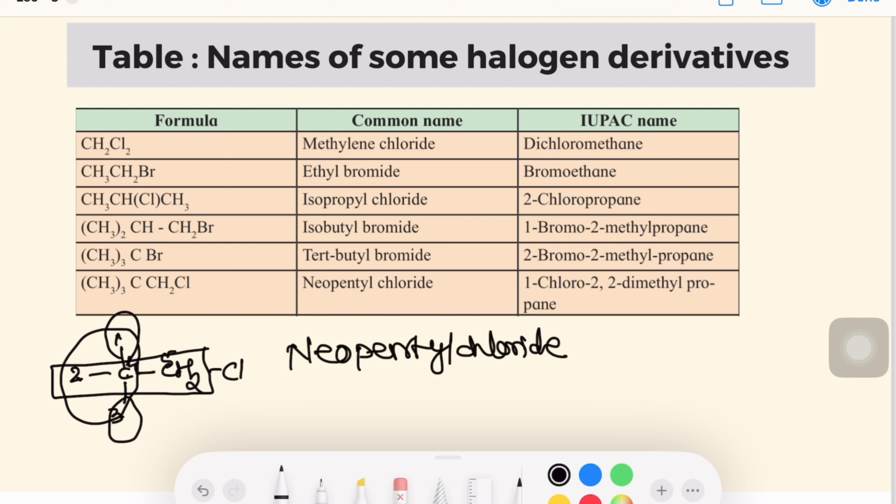So the name of this compound is: at the 1 number carbon atom there is chlorine, that is 1-chloro. At the 2 number carbon there are 2 methyl groups, here and here also. So 2,2-dimethylpropane. Why propane? Because there is a 3 carbon atom chain containing the halogen atom.